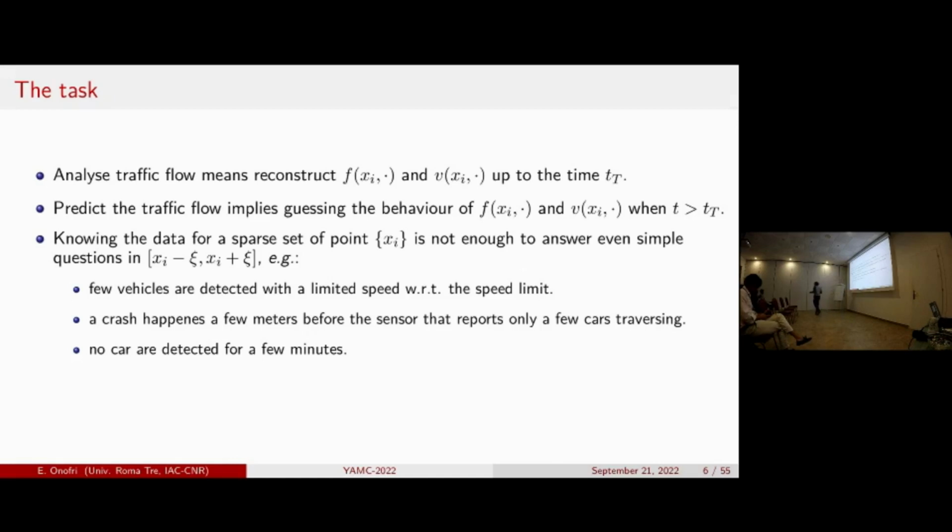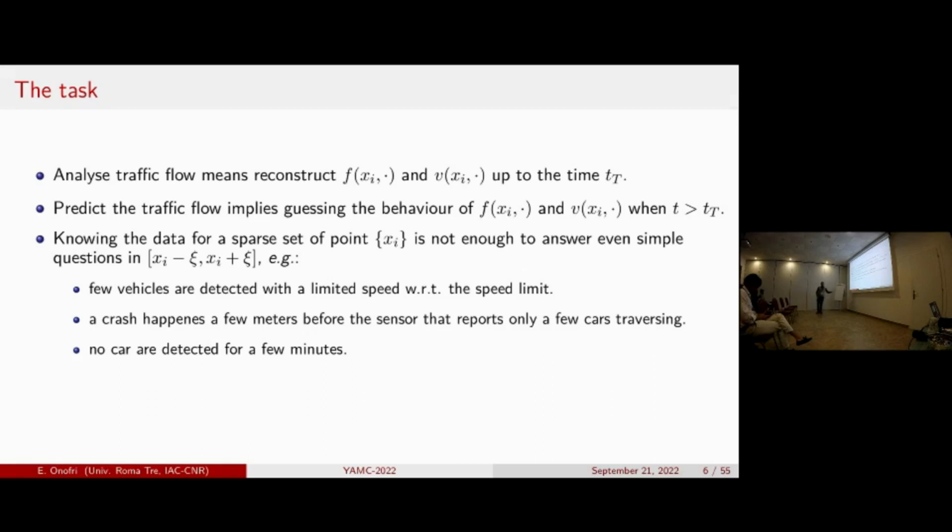But then it is not true, because maybe there is a very, very bad jam happening, so the cars are still under the sensor, which is not able to detect a car that is not moving, so I reconstruct in my model that the street is completely empty, and instead it is completely full, and a mess happens.